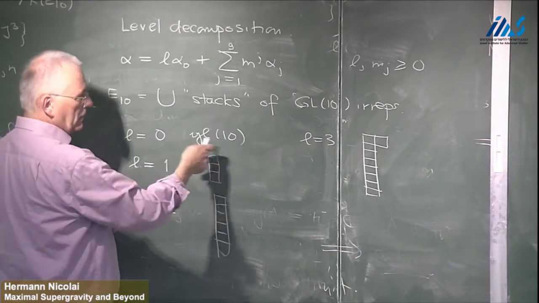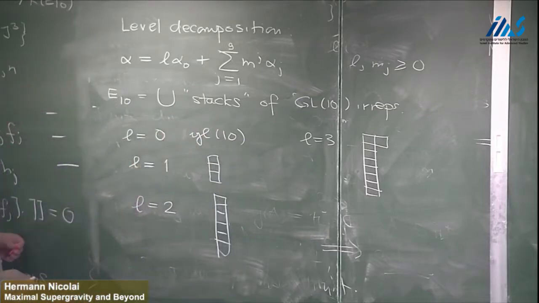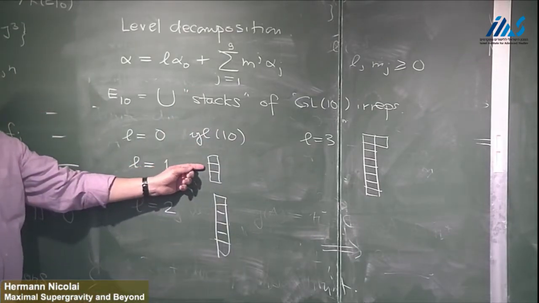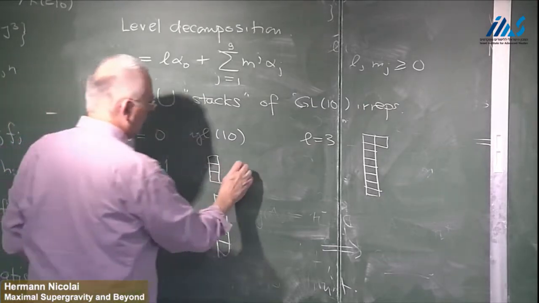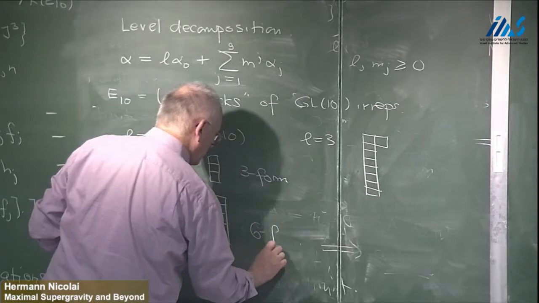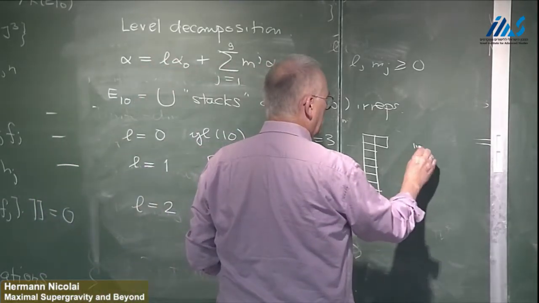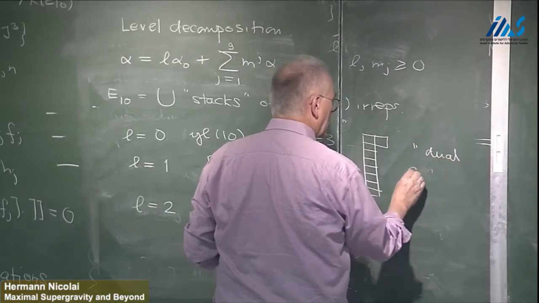This is just related to the spatial part of the Vielbein. This is the 3 form which we encounter in supergravity. This is the dual 6 form. And this thing finally is what I introduced as the dual graviton.